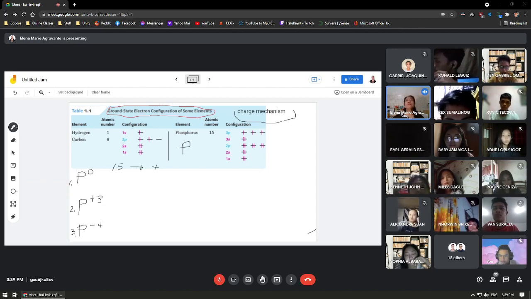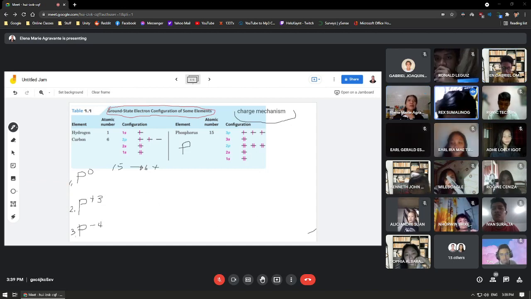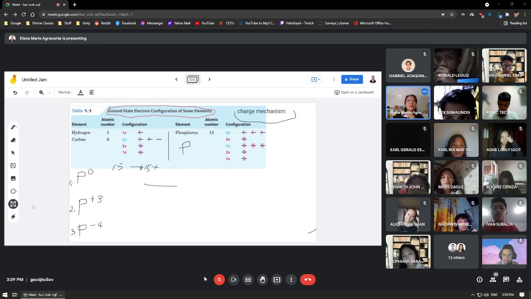If there are 15 protons, how many positive charges? 15. Everybody follows?